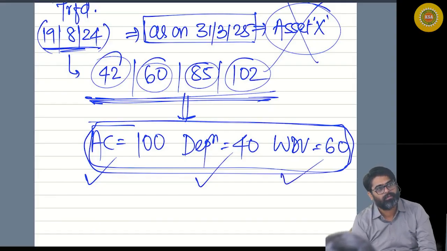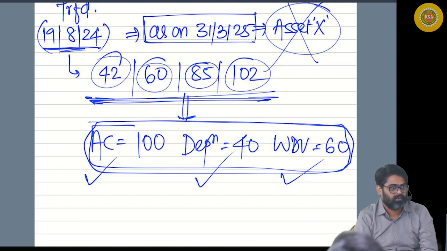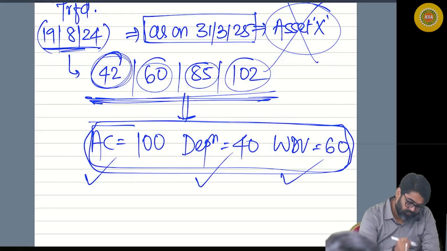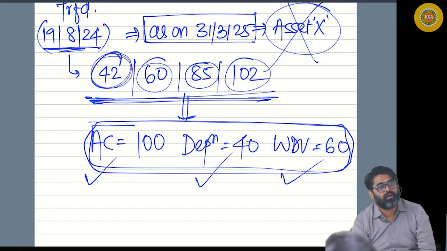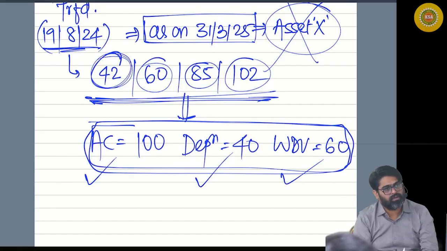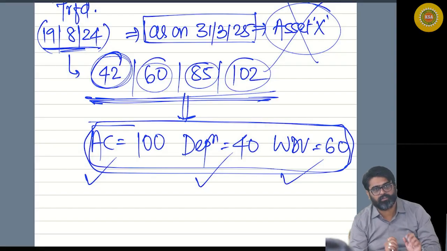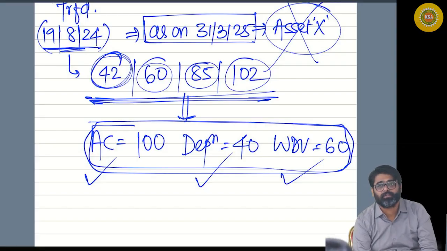Getting my point? Now, against this 60, you are recovering the entire cost, or is still some cost remaining? How much?